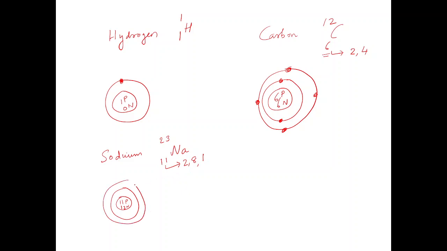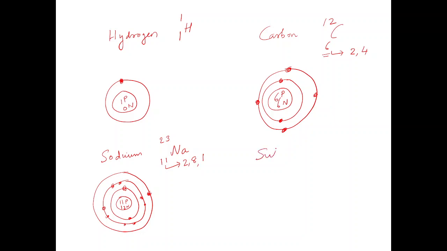So you require 3 shells. The first shell, 2 electrons. Second shell, 8 electrons. And third shell, 1 electron.